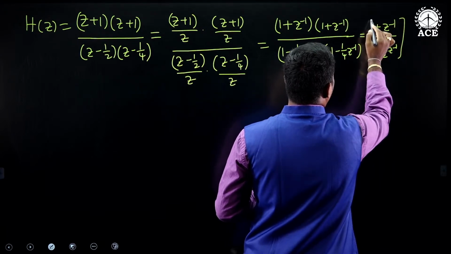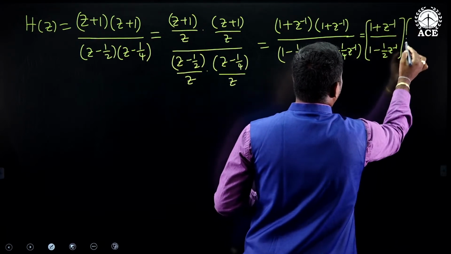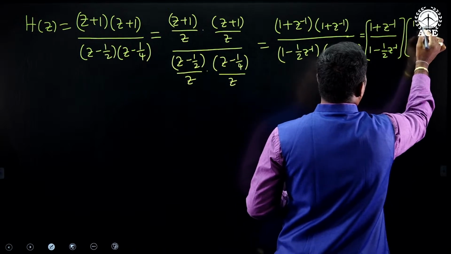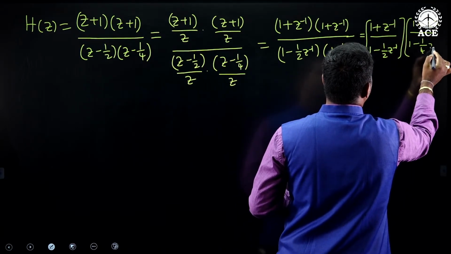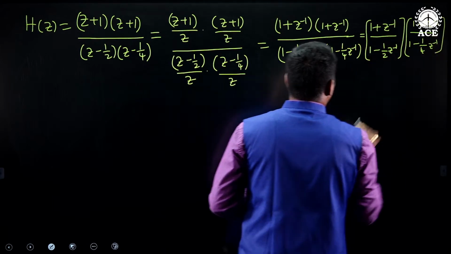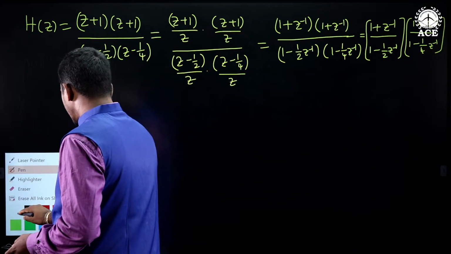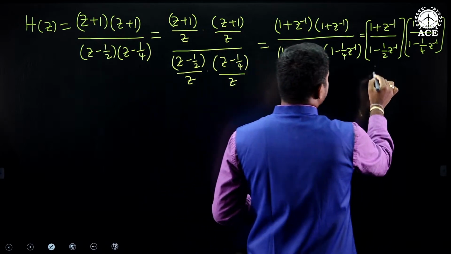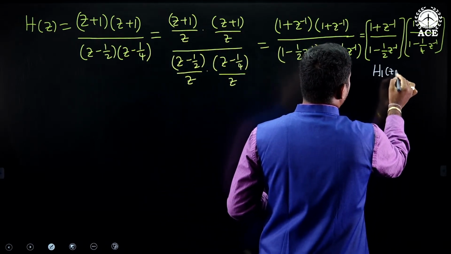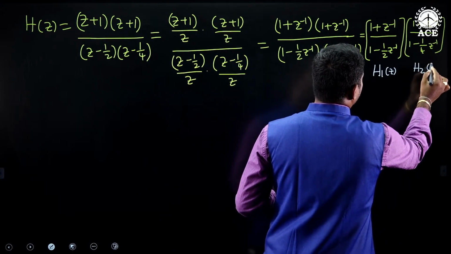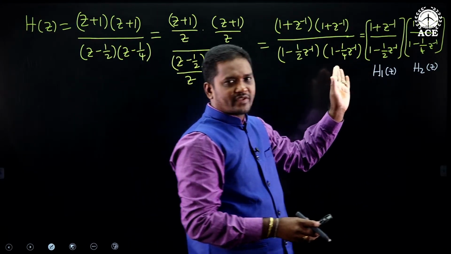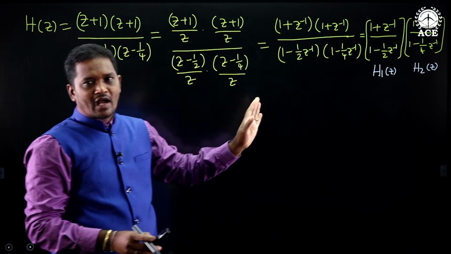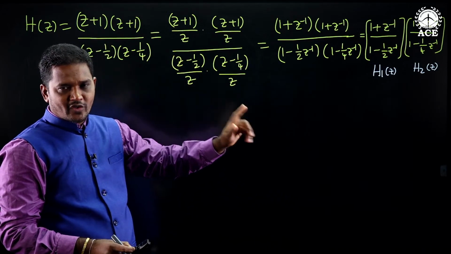This is one fraction multiplied with, next, 1 plus z inverse by 1 minus 1 by 4 z inverse. So this is nothing but h1 of z and this is nothing but h2 of z. No problem, you can shift that here, you can shift this here. Now I have converted this to h1 of z into h2 of z.